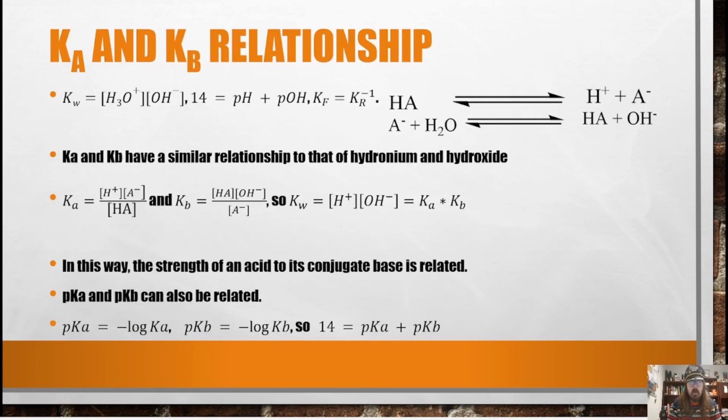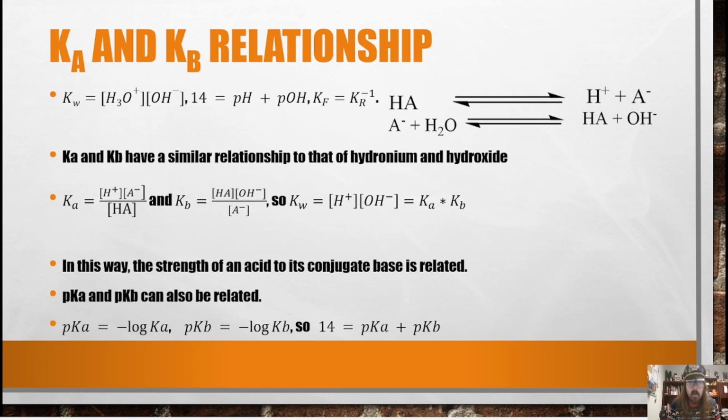Now there's a direct relationship of Ka and Kb, because remember we said an acid's strength directly relates to its conjugate base strength. So looking at a generic acid, HA and A minus, we can relate their acid strength and base strength. For a generic reaction, Ka equals H plus times A minus over HA, and Kb is HA times OH minus over A minus.